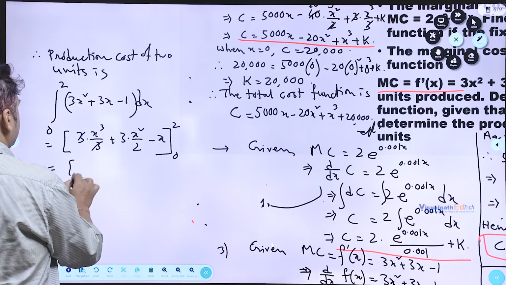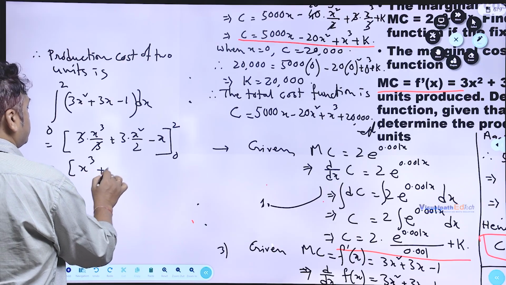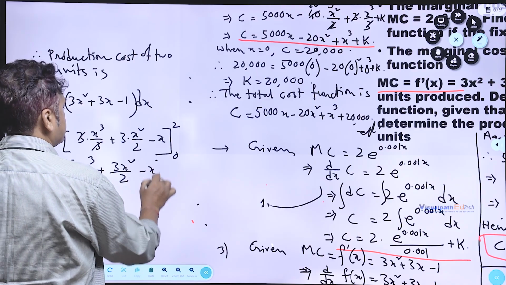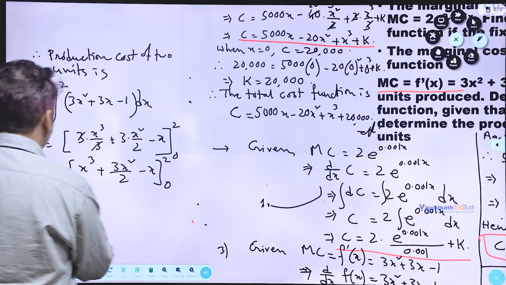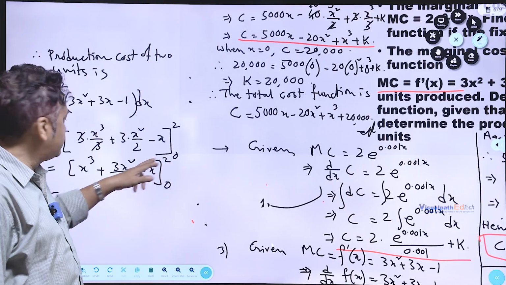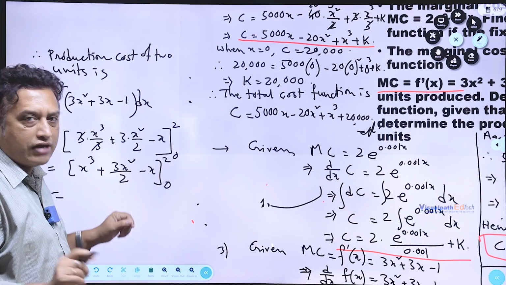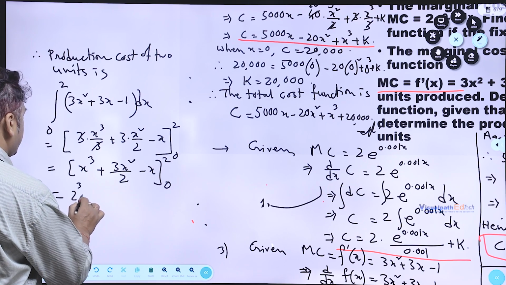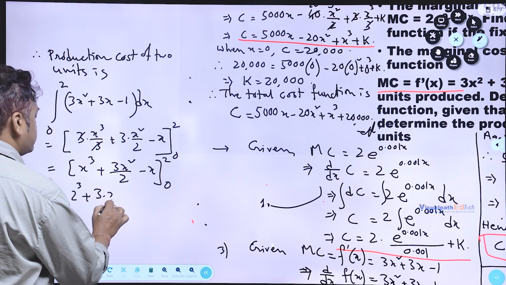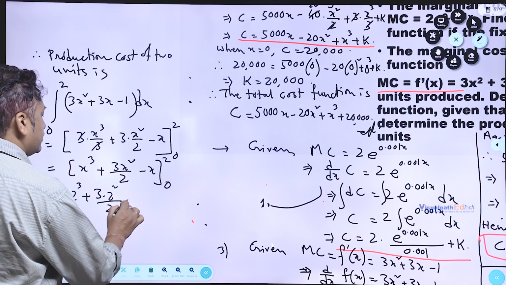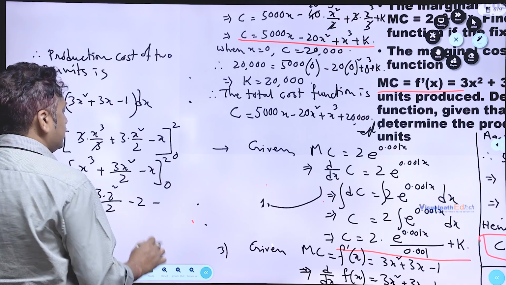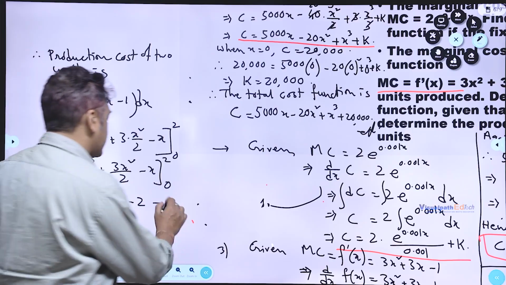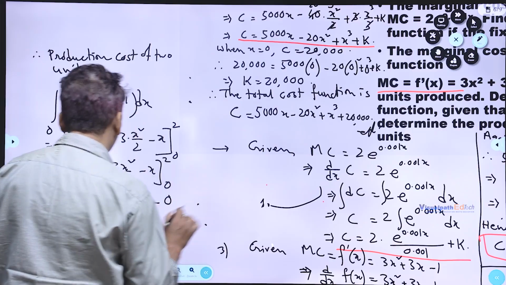We will get x cube plus 3x squared by 2 minus x. Now the rule is, first you put the upper limits, then minus the lower limits. So this will give us 2 cube plus 3 into 2 squared by 2 minus 2, minus, if I put the lower limits, I'll get 0 everywhere. So I can just write 0.